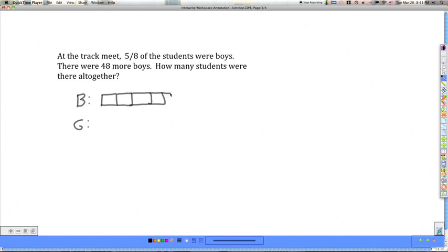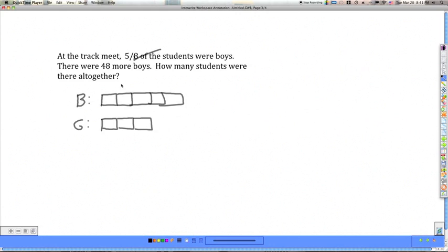But I would like to do this in 2 different bars. So the boys are going to have 5 out of 8, and the girls then are going to have 3 out of 8 to make 8 units altogether. So 5/8 of the students were boys, 3/8 of the students are girls.